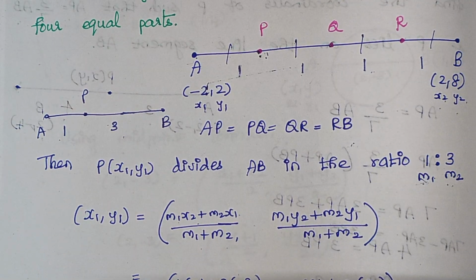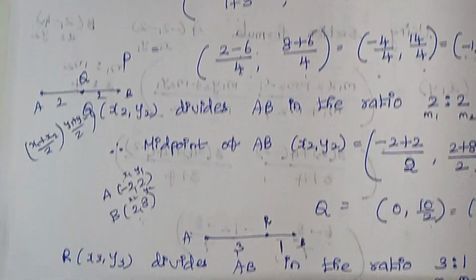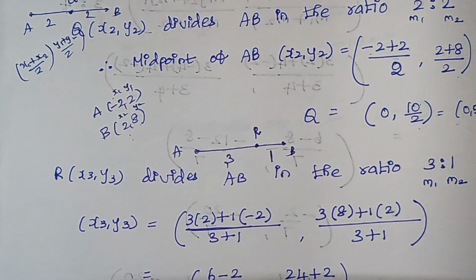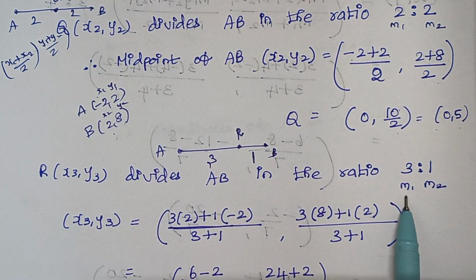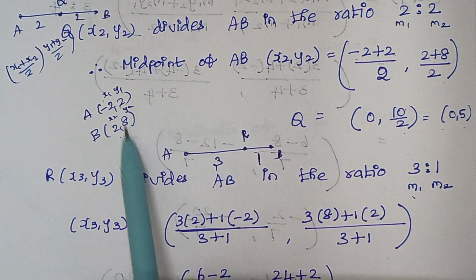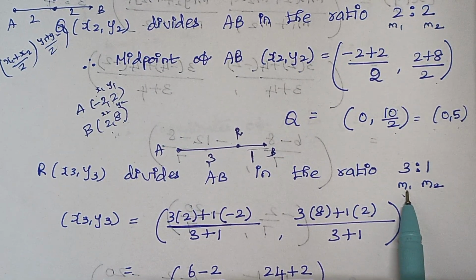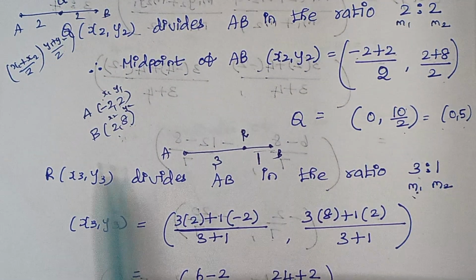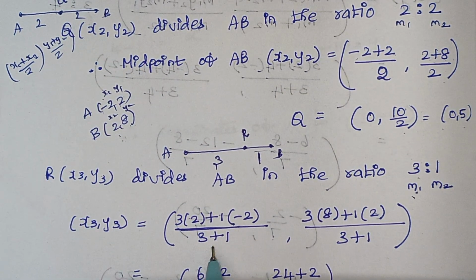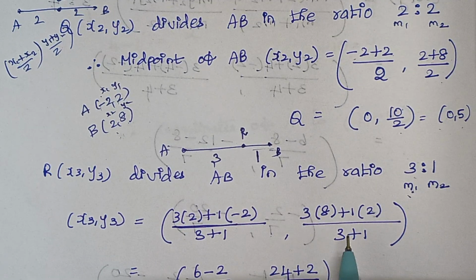This is the ratio in which it is divided. So you see once you simplify here, m1, again we are considering the same A and B points. So m1 into x2, so 3 into 2 plus 1 into minus 2, divided by 3 plus 1. The next thing is m1 y2.